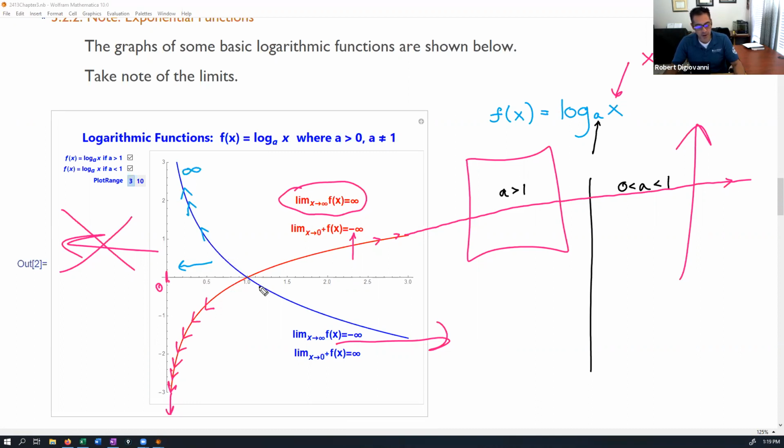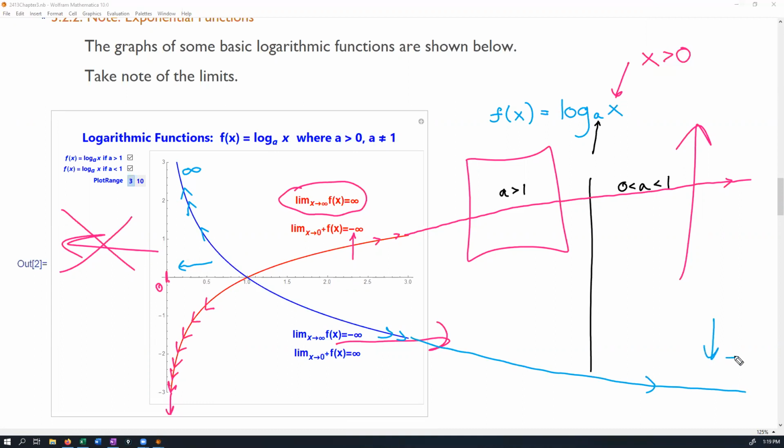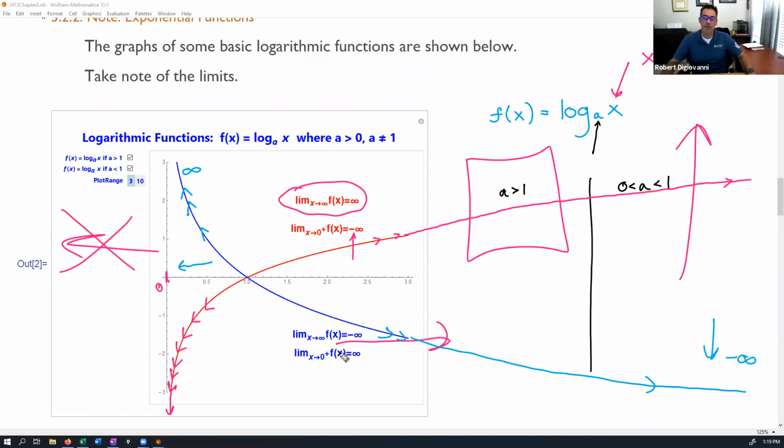And as we go to the right, where's this headed? It's headed down to negative infinity. And that's what it says right here. All right. So again, this is just a recap of what exponential functions look like, what logarithmic functions look like.